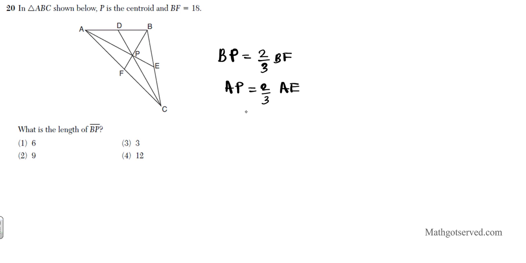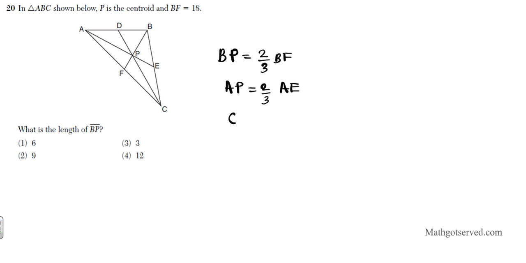Okay. And then for median CD, partitioned by P, the point of concurrency of the three medians, which is a centroid, we have CP, which is the longest side.